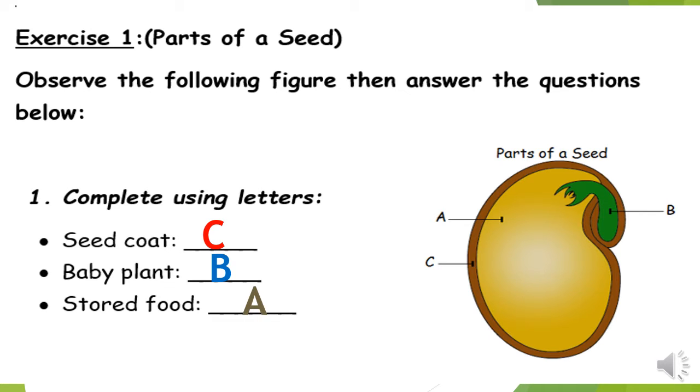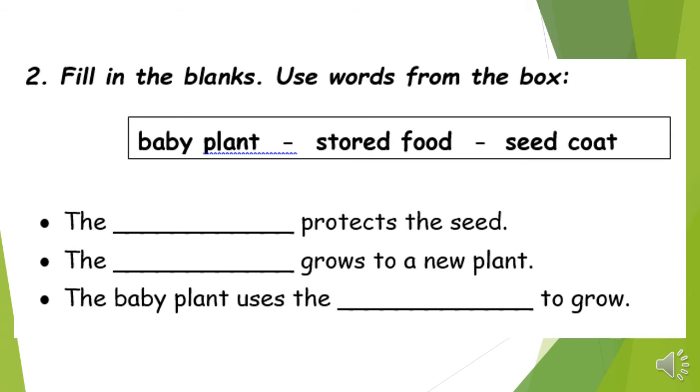Good answers. Now, part 2 of the same exercise. I have to fill in the blanks using words from the box. Baby plant, stored food, and seed coat. We will start by the first sentence. The what? We have a space.